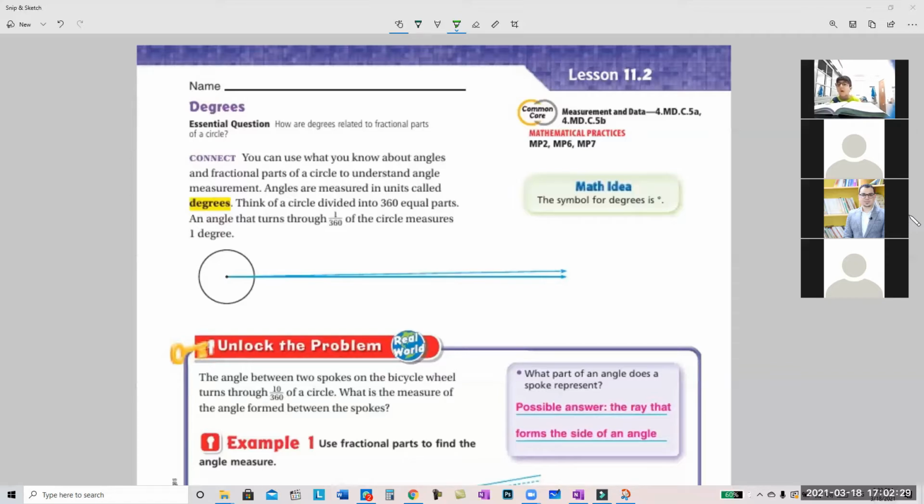Okay, so if I ask you how heavy are you, you have to give me something like 50 kilograms or 45 kilograms or something like that, right? So you have to use kilogram. The kilogram here is the unit of measuring the weight, right?